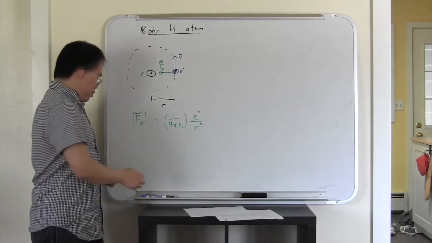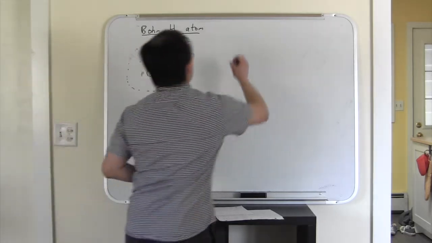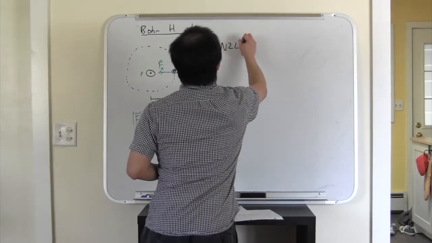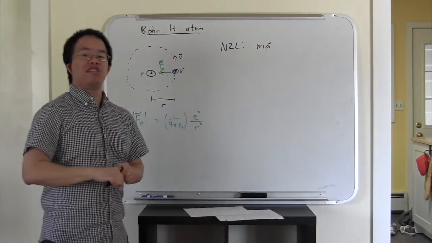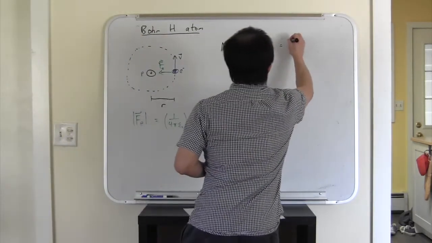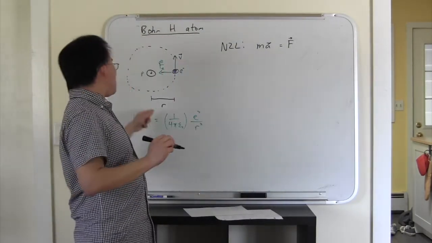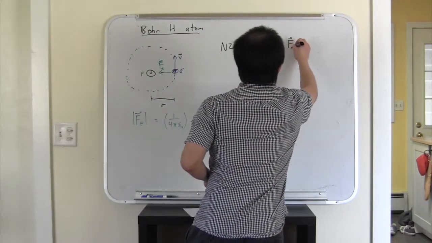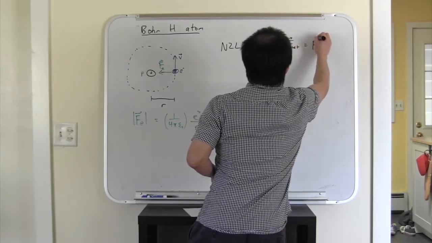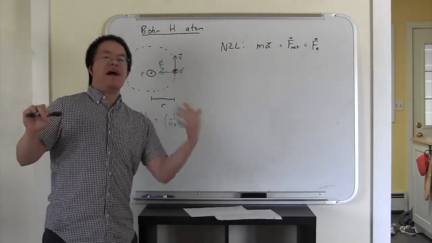Now we need to think about applying Newton's second law, and that tells us that mass times acceleration equals F net. But the only relevant force here is this electric force, so F net equals F E. We can get away with working with magnitudes here.